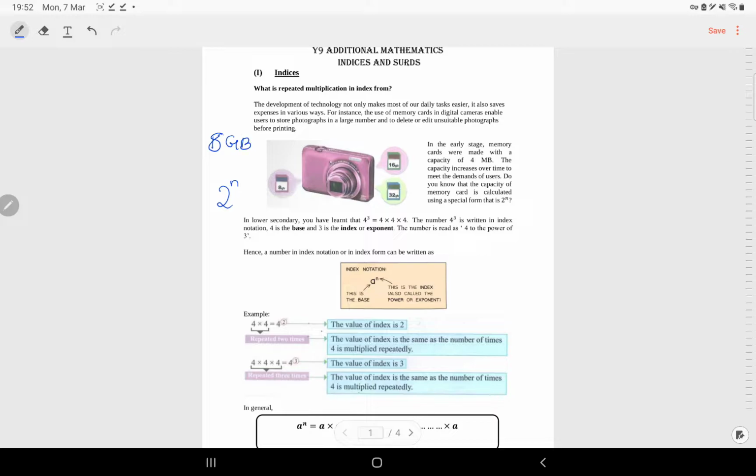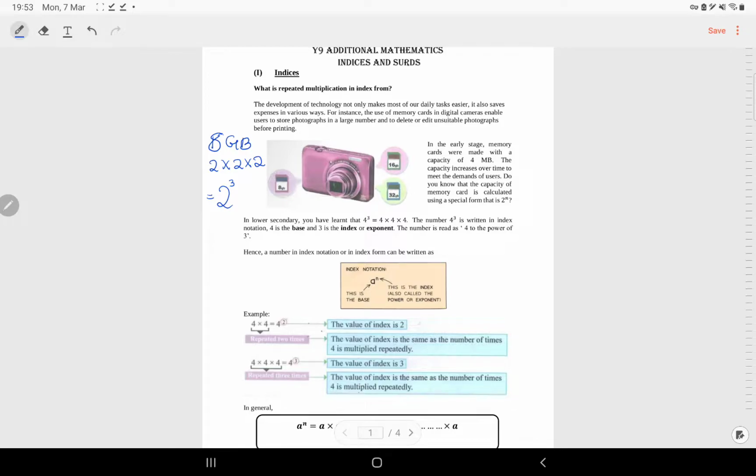How do I get 8? It will be 2 times 2 times 2, so that would give 2 to the power 3, because the 2 is multiplied 3 times.